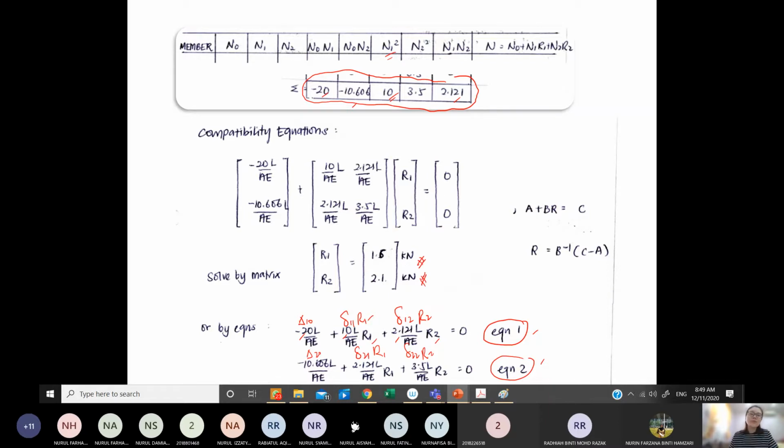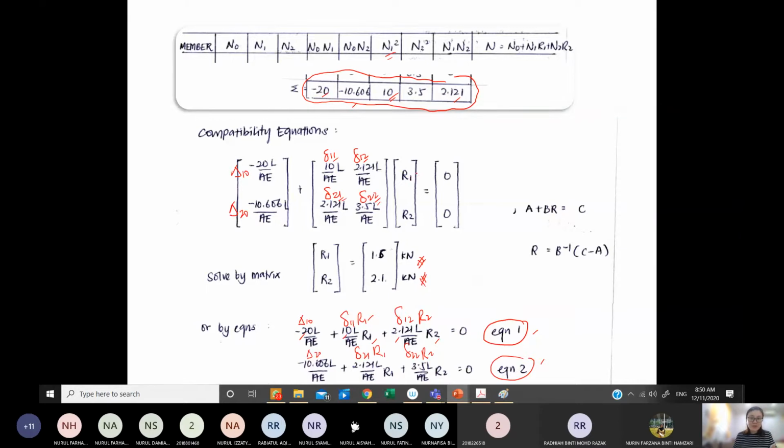You can also put it in matrix form. Sometimes the test will ask you to put it in a matrix form. How to put it in matrix form? This will be delta 1 naught, delta 2 naught. This will be delta 1 1, delta 1 2, delta 2 1, delta 2 2. The naming actually refers to the matrix inputs here.